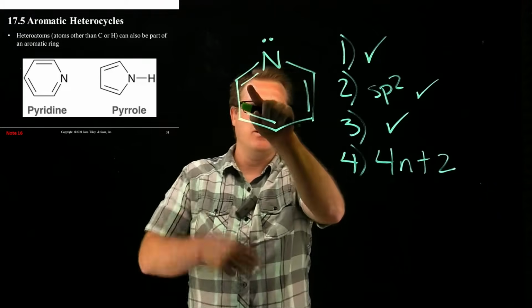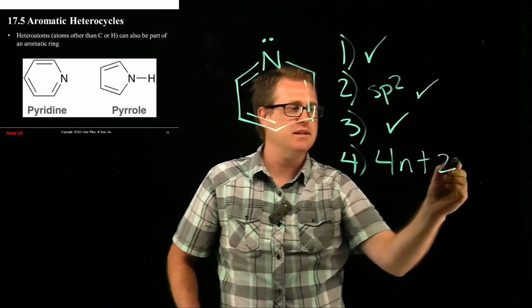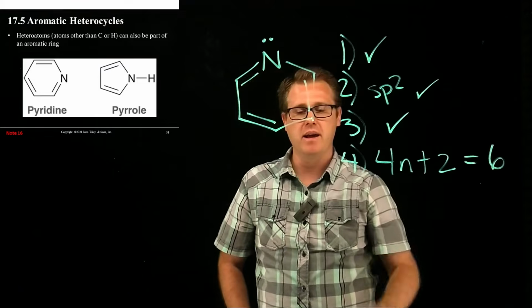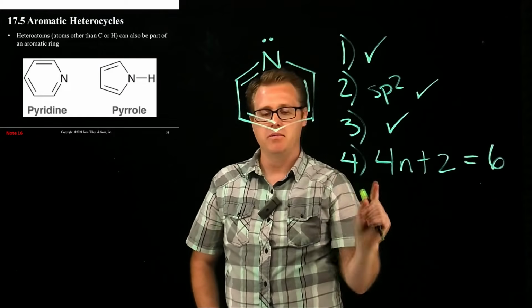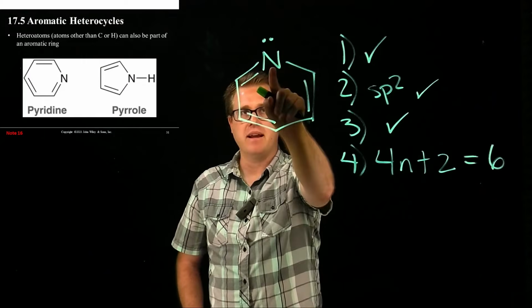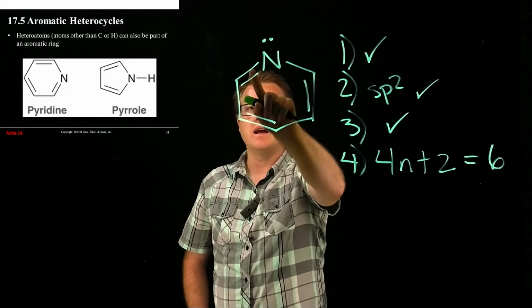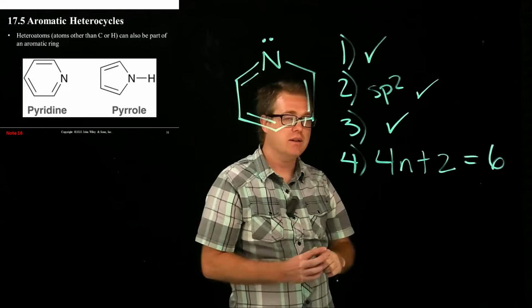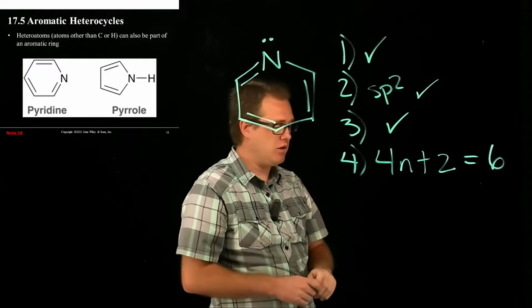So we can see that there's 2, 4, 6 pi electrons, aromatic. Let me say that again. If the heteroatom with the lone pairs has a double bond directly attached to it, you do not count the lone pair.